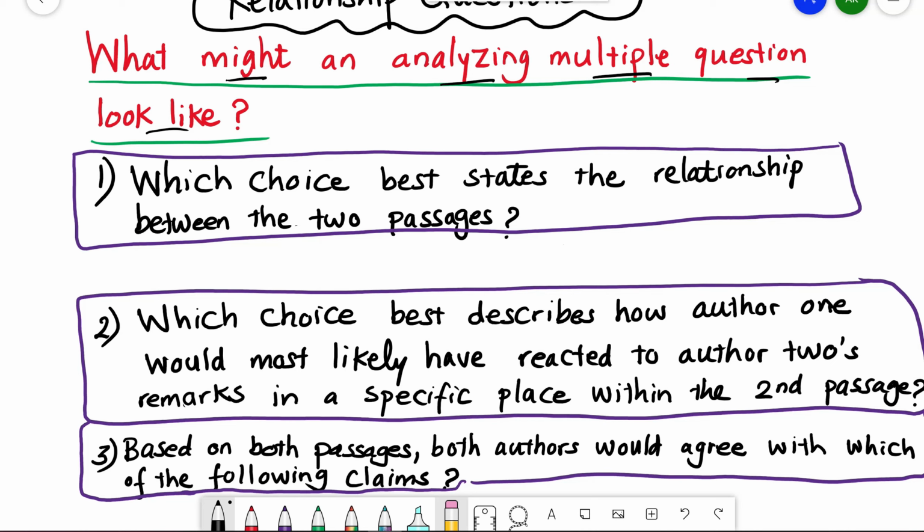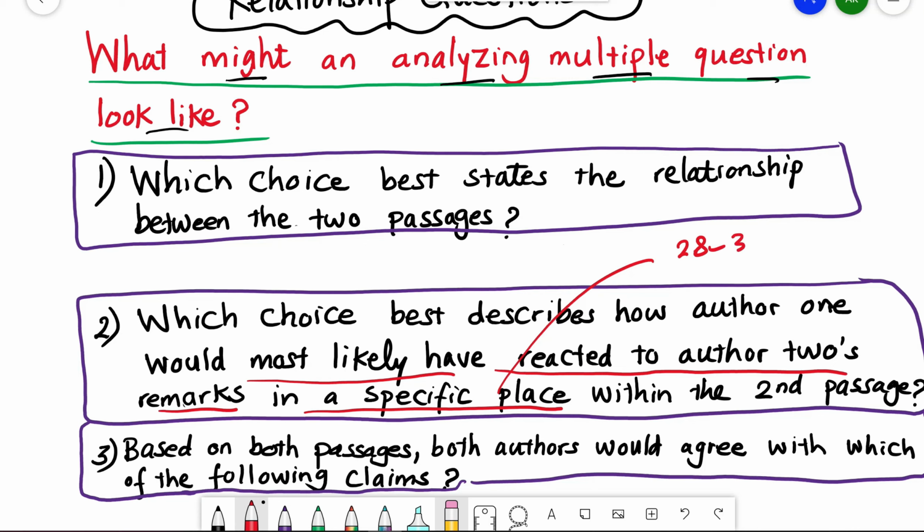Number 2, which choice best describes, and this is very important to understand, how the author of passage number 1 would most likely have reacted to author 2's remarks in a specific place. That specific place could be like lines 28 to 30 within the second passage, or vice versa.